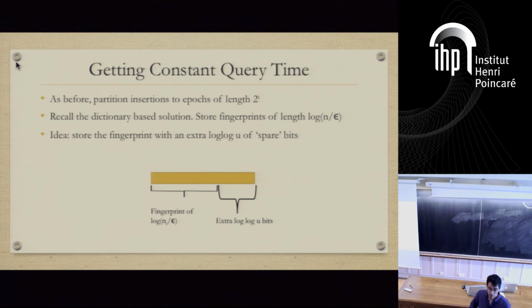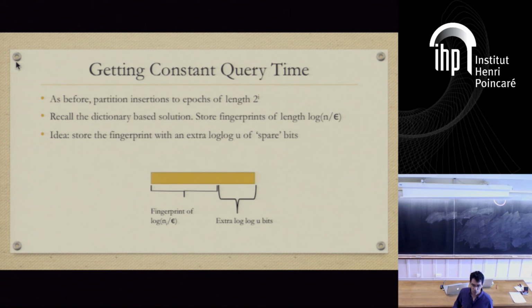So we can grab it. Build a new table? Yeah, we build a new dictionary. We rebuild it. Oh, I see. So at this point I have to rebuild it. Yes, this is amortized, for the insertion time, yes. For the query time, it is still constant.